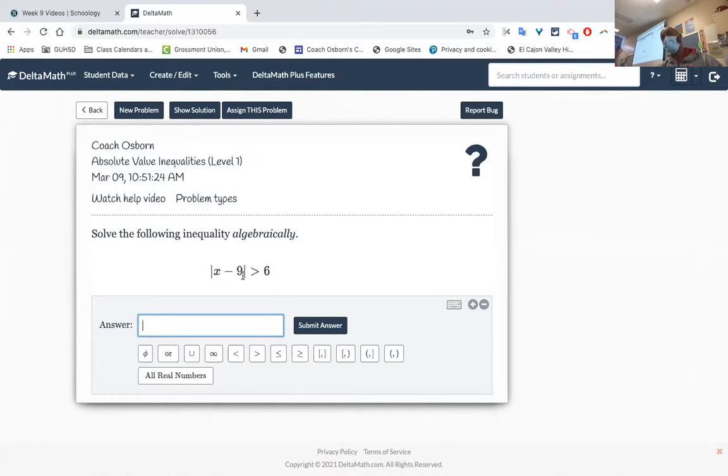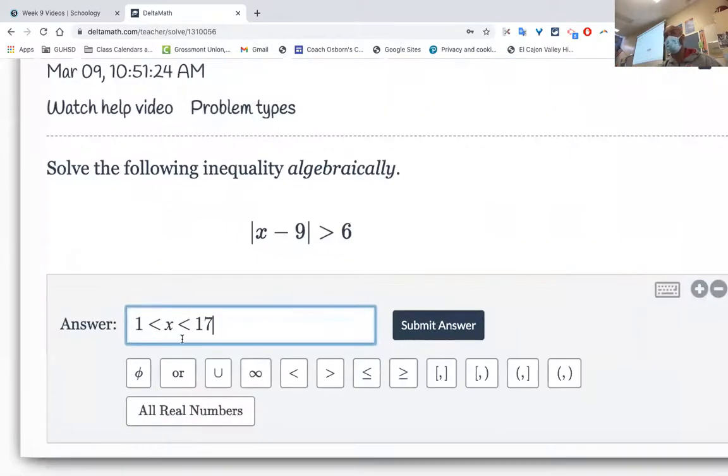And then the other number would be minus 6 plus 7, so that'd be 1. So 1 and 17, if I plugged in 0, 9 is greater. So in this case, I would put x is greater than 1 and less than 17.